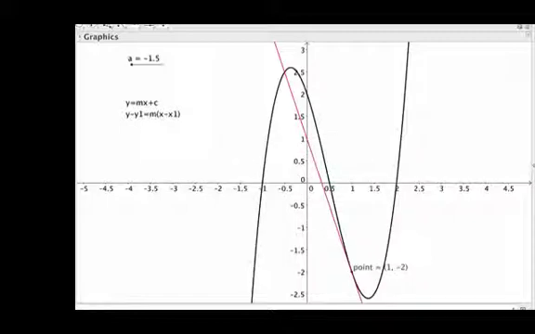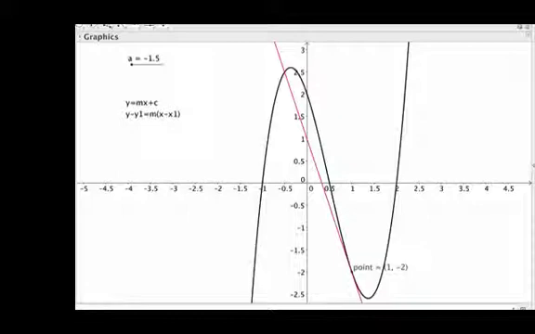Then we can even go a step further. Remember that special relationship between tangents and normals, or between their gradients? If you multiply their gradients together, you get -1. So if you know the gradient of the tangent, you can very quickly find the gradient of the normal. And how have you found the gradient of the tangent? Yeah, you've got it by differentiating.